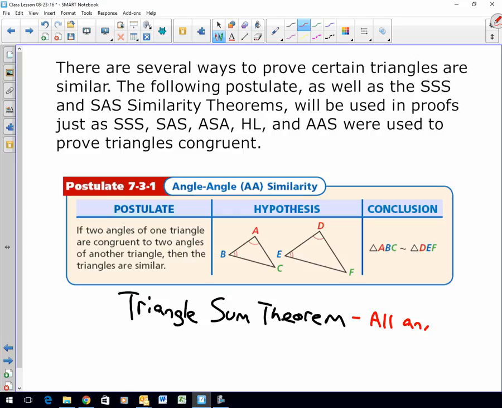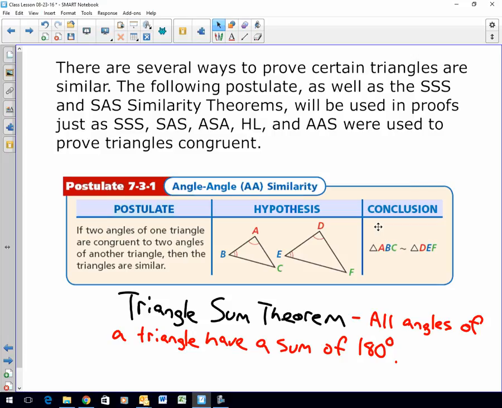All angles of a triangle have a sum of 180 degrees.